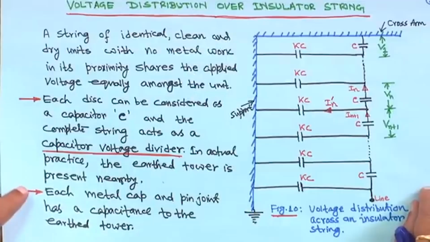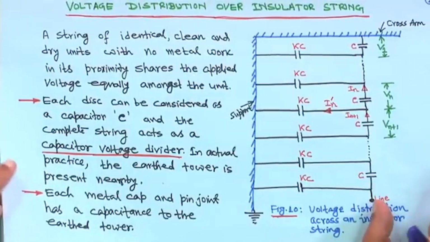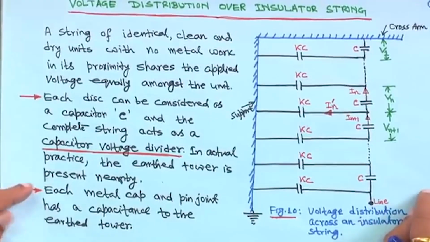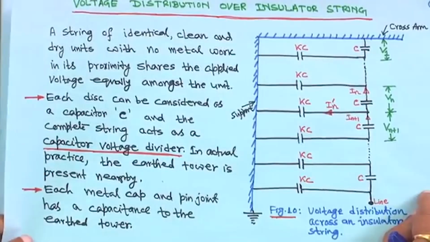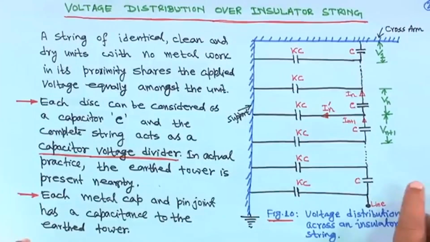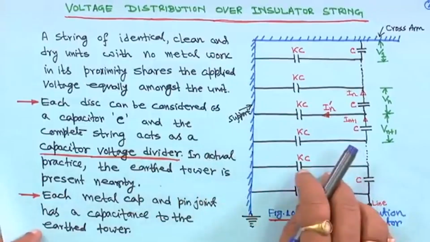Before going to the mathematics part, we would like to tell that pin type or suspension type insulators are mostly used particularly in high tension lines, and anywhere you can see suspension type insulators.